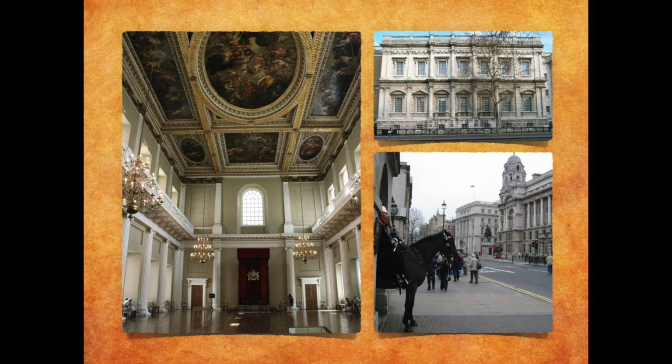Eventually, two buildings were built on this site under the reign of James I, and then Charles I, his son, was brought to build a new building. And Inigo Jones, who was the court architect, if you like, had been to Italy and studied Palladian architecture, so he built this essentially Palladian building, which is the only surviving building of the original Palace of Westminster.